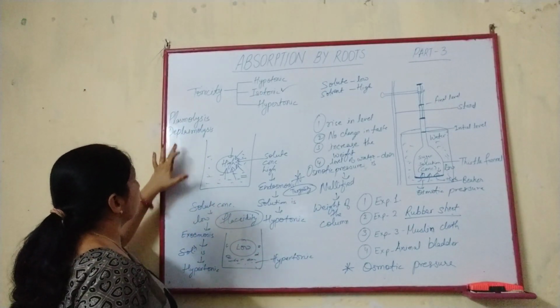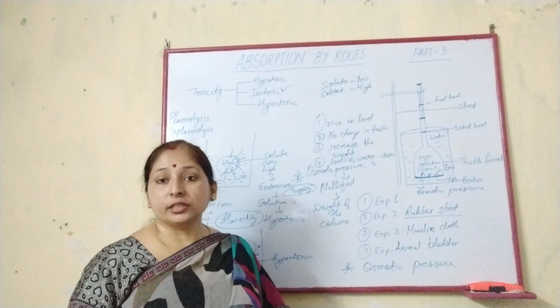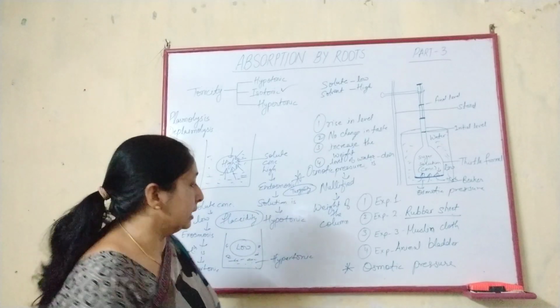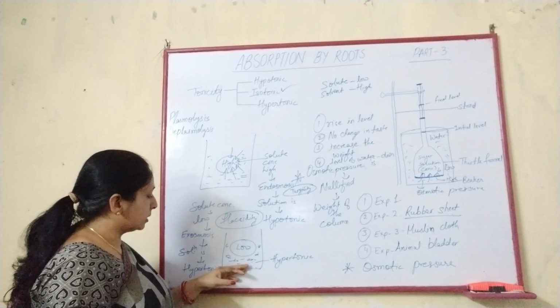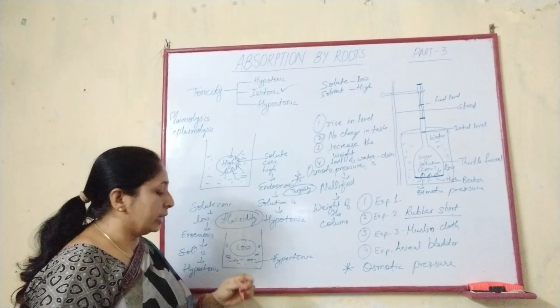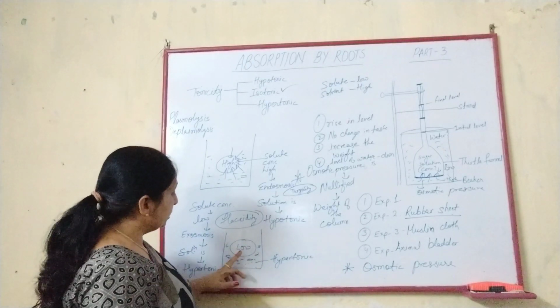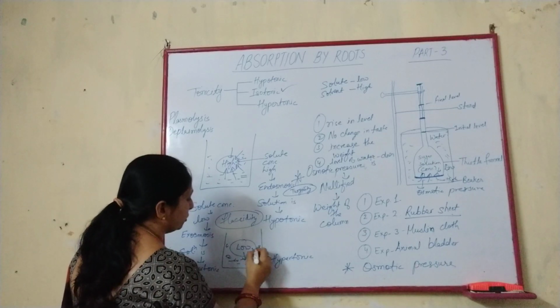One more term is plasmolysis and deplasmolysis. Plasmolysis is a condition when the cell becomes flaccid. When the concentration of solute is more in the solution, the more concentrated solution results in movement of solvent from inside to outside.